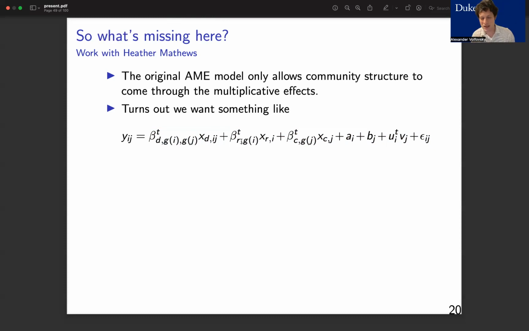We're interested in this beta being a function G of maybe some kind of community structure. And what we're going to need to do is tie together this function G with something about our multiplicative effects. Because again, the multiplicative effects can play the role of describing being in the same community or being in different communities.